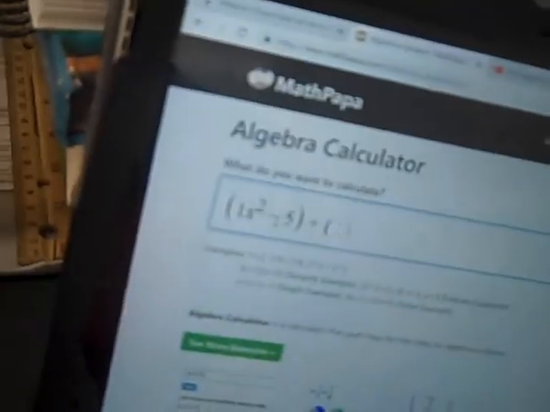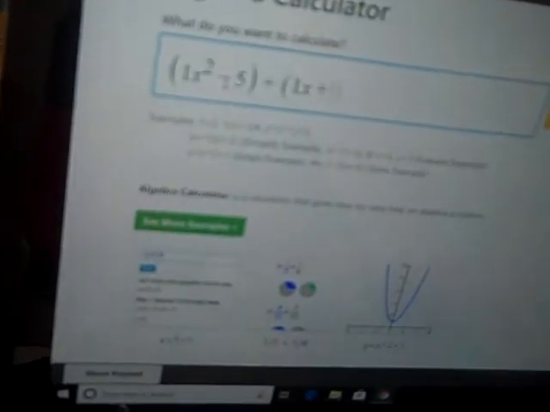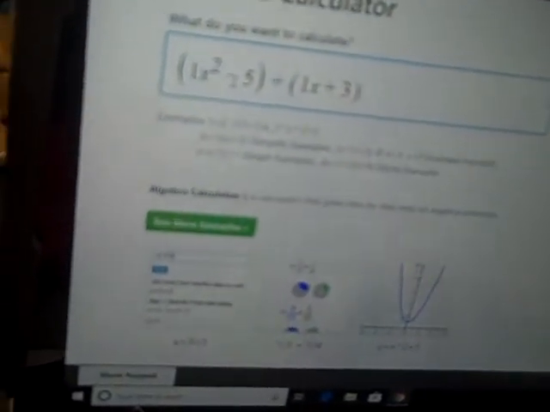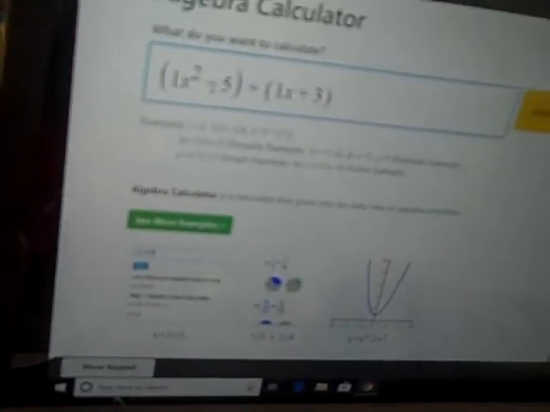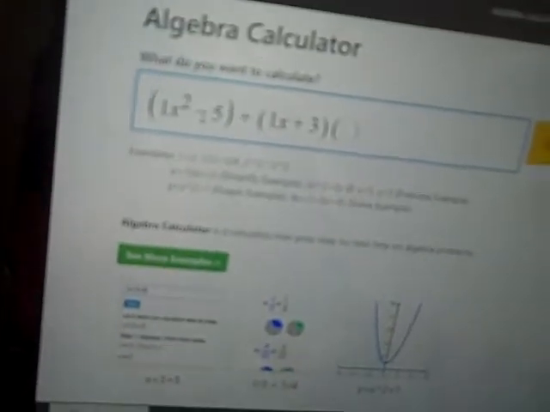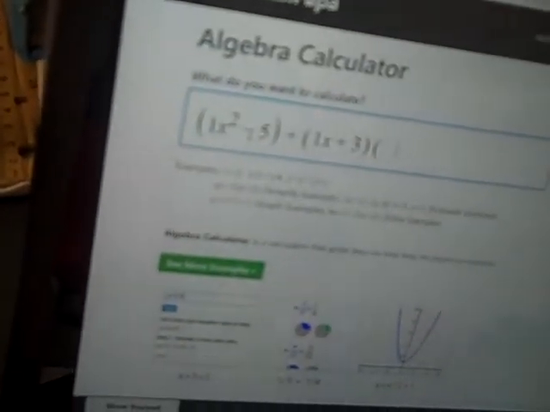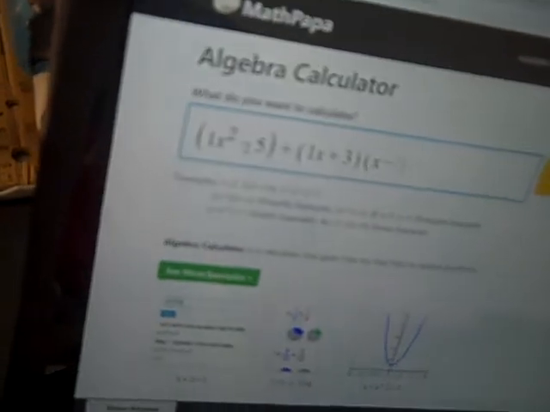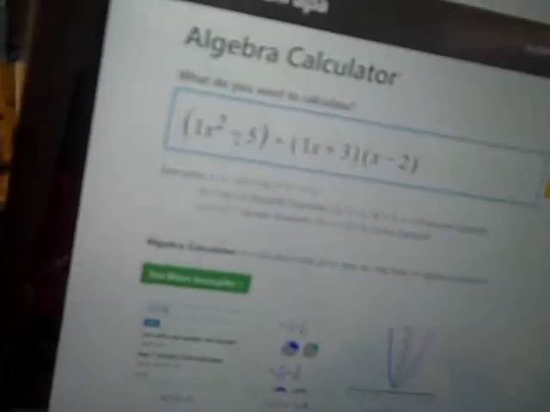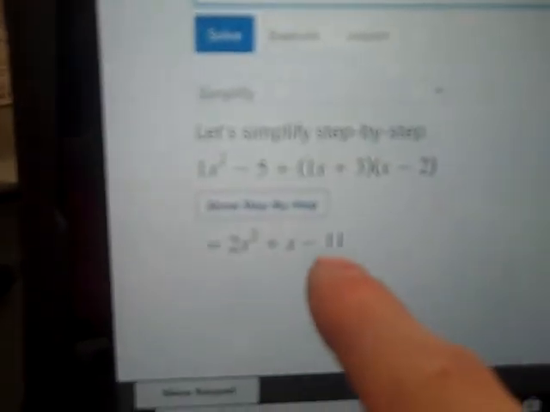Then I have a plus operator, so Shift and then that. Then parentheses 1x plus 3, close it, times. You don't even need to hit times really, you can just make another parentheses next to it, x minus 2. Hit enter, and that's your product.